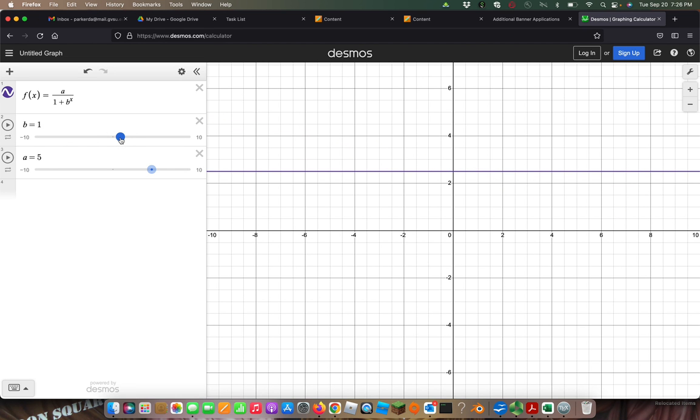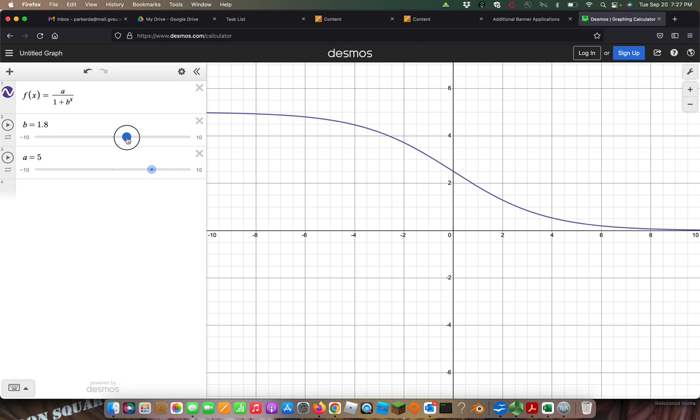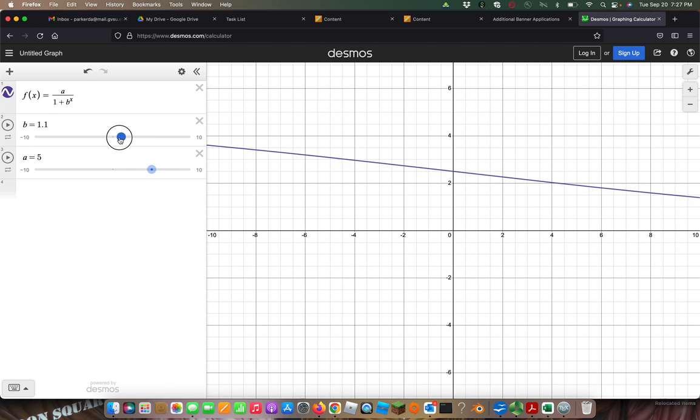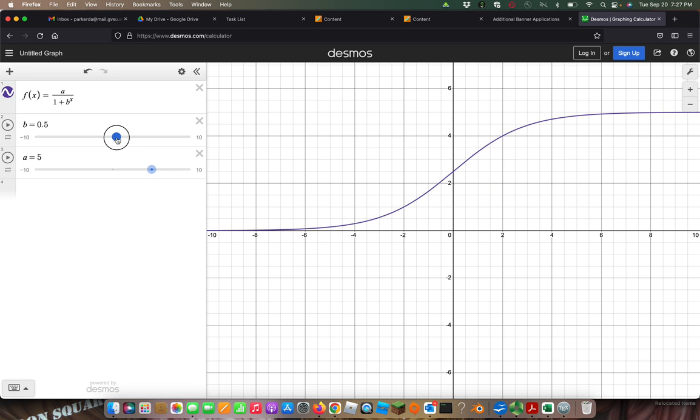At b equals 1, we get that constant, and when we move to the left or to the right, interesting things happen. So we tried one where a is negative. Let's see what happens when b is negative, just for fun. And holy crap, there's a lot of weird things going on down here. It's kind of hard to see, but there are all these little dots. So something weird happens when b is negative. And if you look at the formula over here, this b to the x, taking a negative number to the x can be really, how shall I say, unstable, because we don't know how to handle certain values of x.